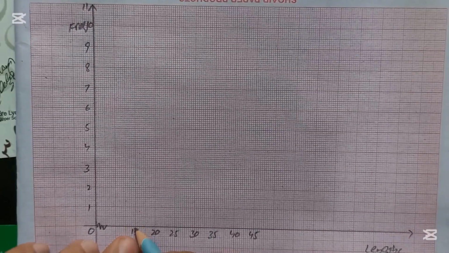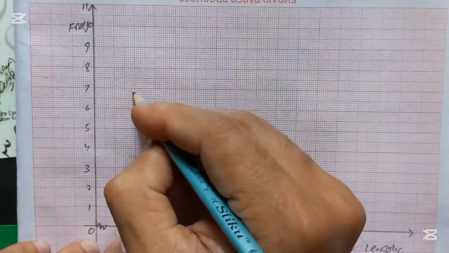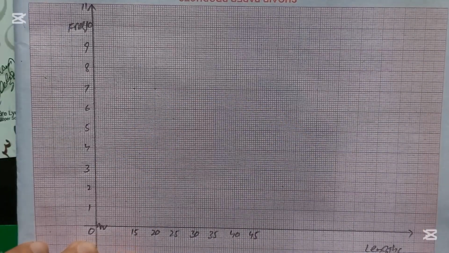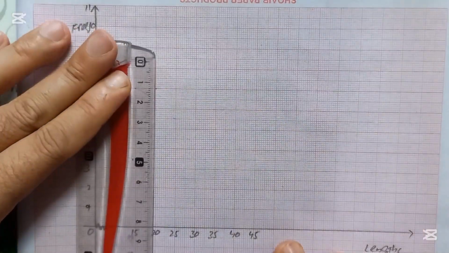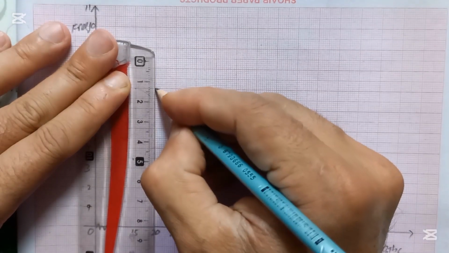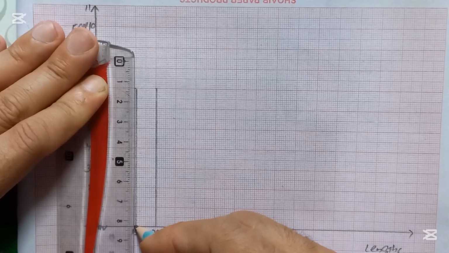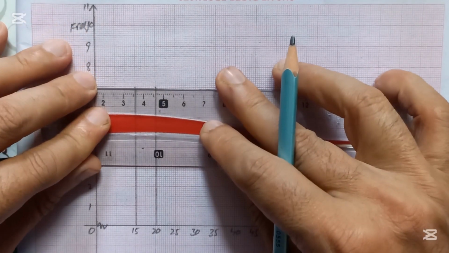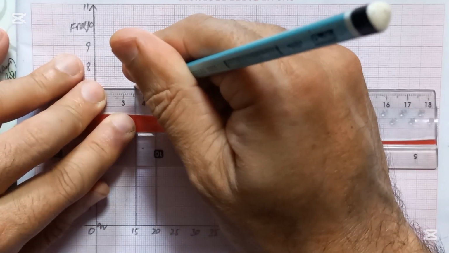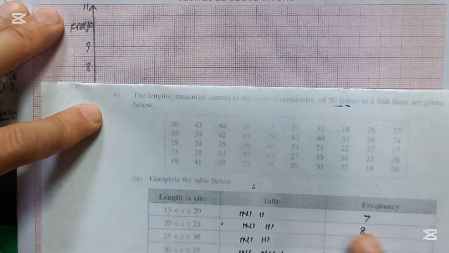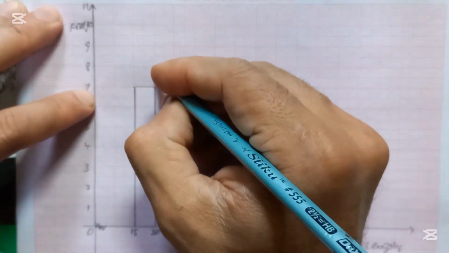First is 15 to 20, which is 7. So this is the bar for 15 to 20. Next is 20 to 25, 8. So here is 8.